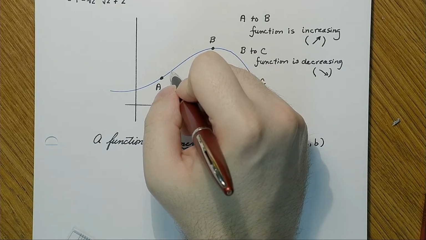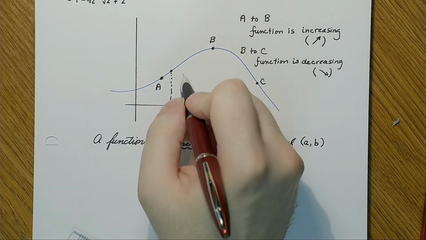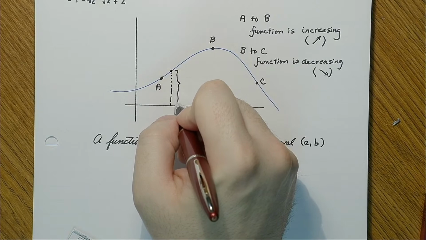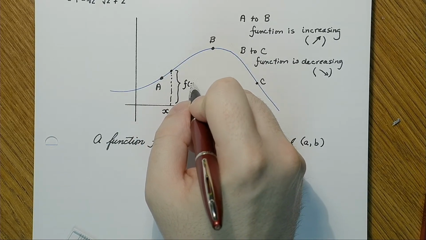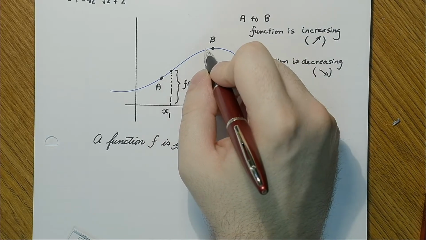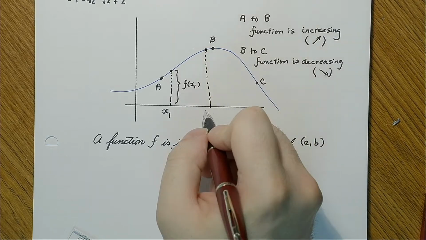So what I'll do is I'll show some points here. I'll call this point x1, and this is the function of x1, and I'll pick another one here. Here's x2.